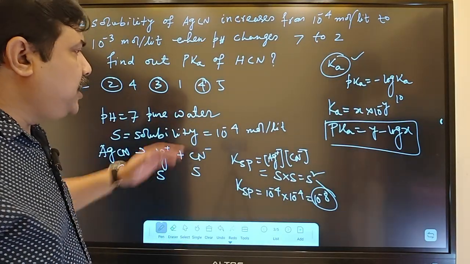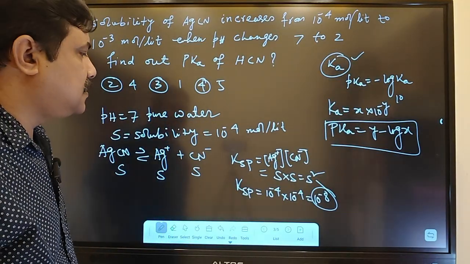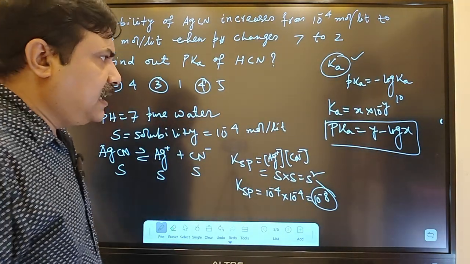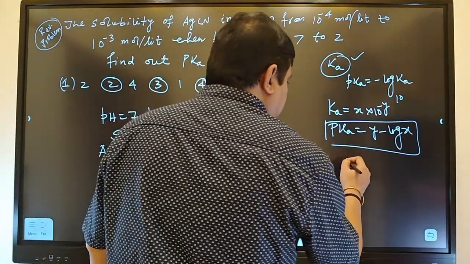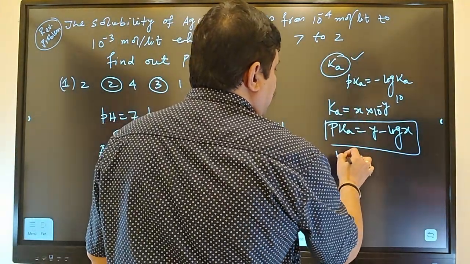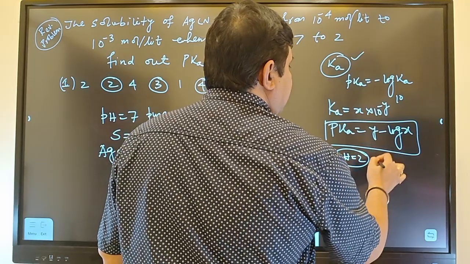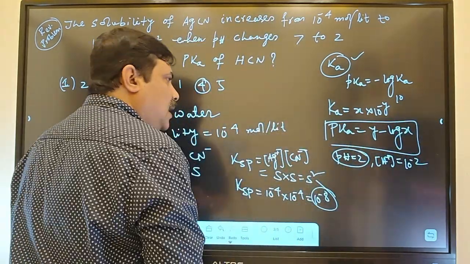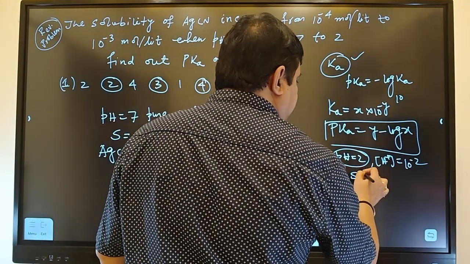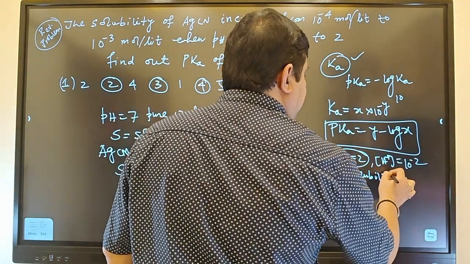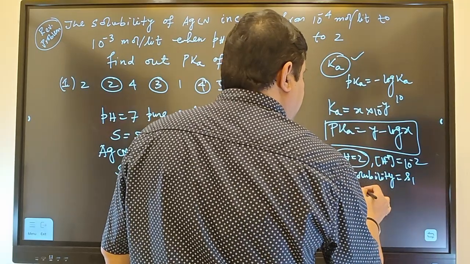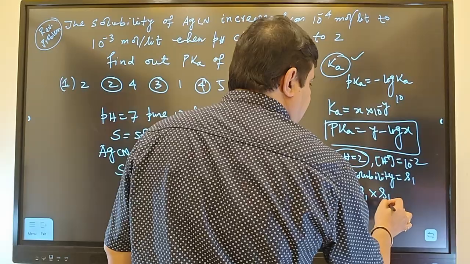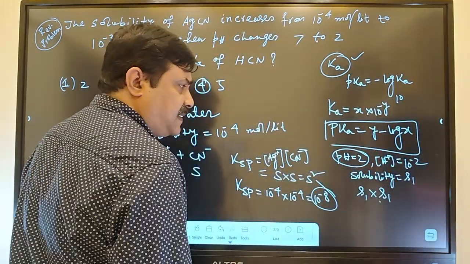So now, how can we solve this problem in the backward direction? Suppose whenever pH is 2, then H plus concentration equals 10 power of minus pH, which is 10 power of minus 2. And at that time, if my solubility is S1, then immediately I can write S1 into, for cyanide ion, S1 by 10 power of 7, because cyanide ion will form only HCN.